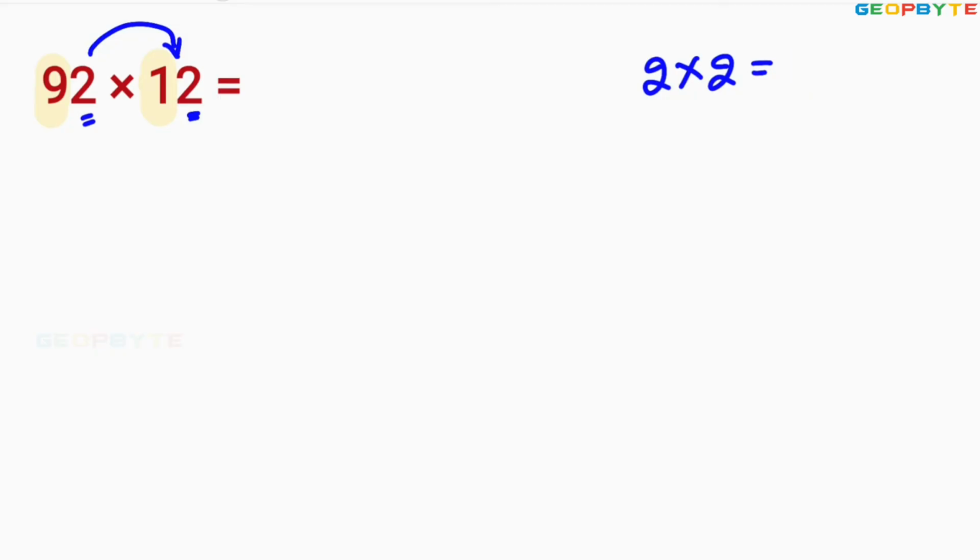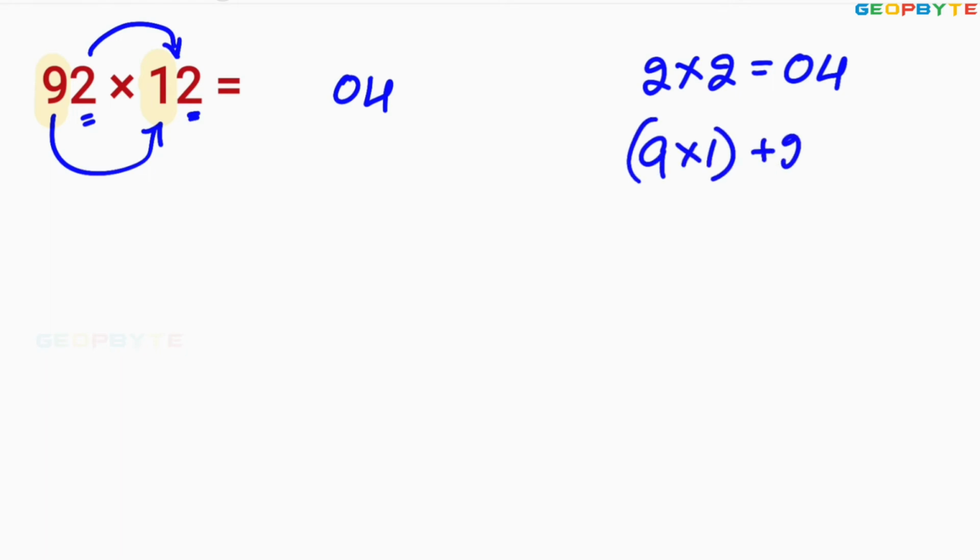But you have to write 04 in terms of 2 digits. Write that value. Then multiply the tens place digits 9 into 1 plus add the common number. It is equal to 11. Then add that value here. So 1104 be the value of 92 into 12.